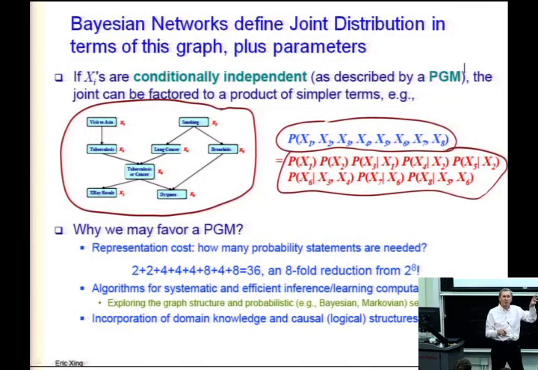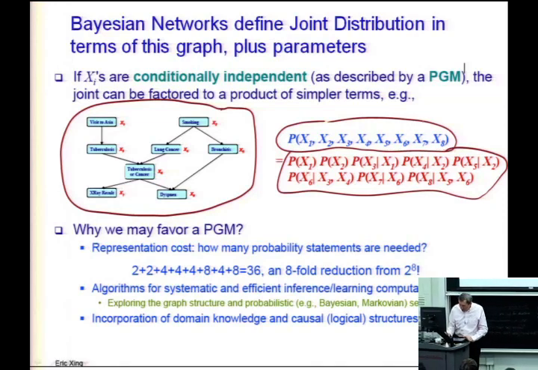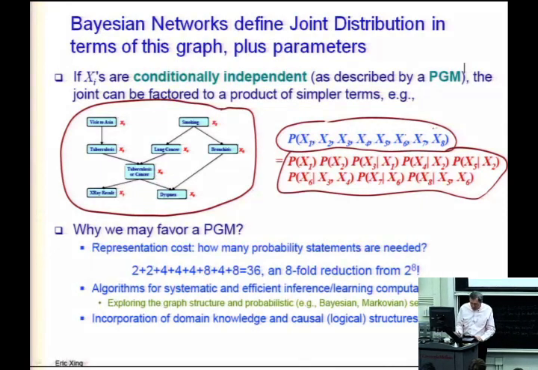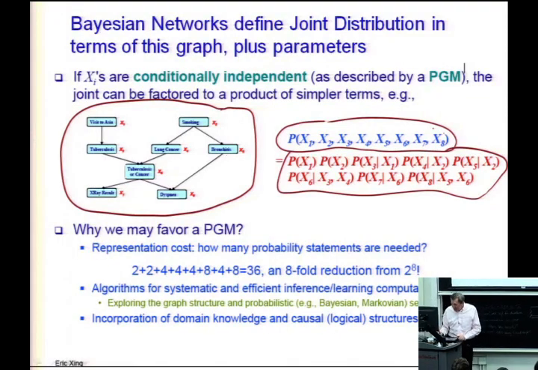So when we have a graphical model, the edges and the structure of that graph imply a particular form for the joint distribution over all the nodes. X1 through X8 here are the same 8 nodes in our graph. So in a graphical model, each node in the graph corresponds to some random variable.